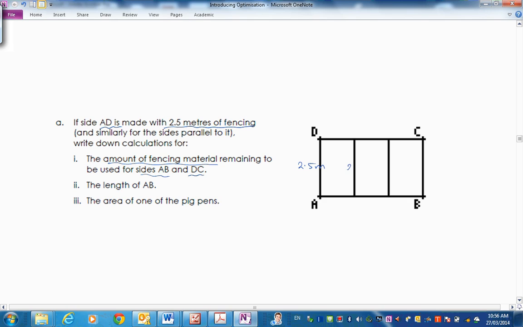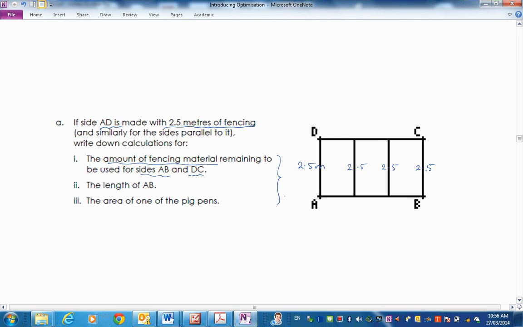So all of these in here are going to be 2.5. Okay, I want you to try to do these three calculations now. Write down the calculations. Don't work it out. What would you do? Right, pause the presentation. Now have a go at those three. I'll come back.